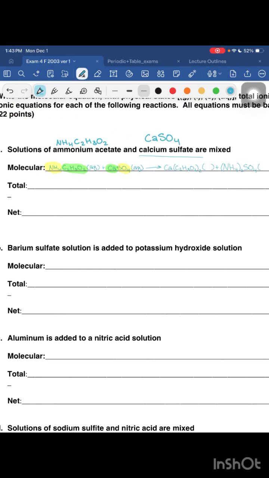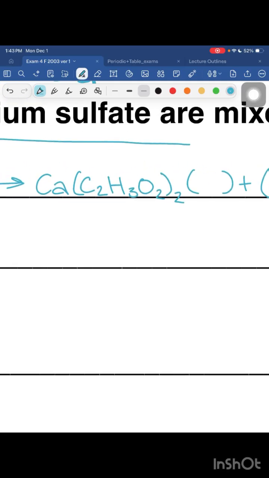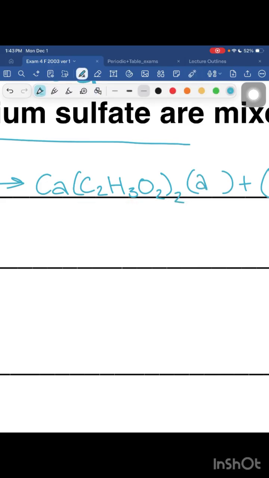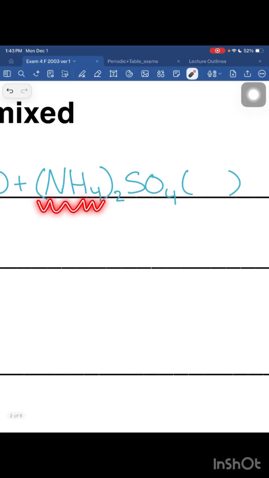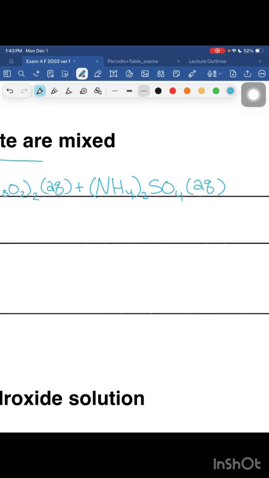Now we need to figure out our states, and that determines whether or not we have a reaction. Calcium acetate. We said that acetate is always aqueous, so that means this is aqueous. We also said ammonium is always aqueous, so this is also aqueous.